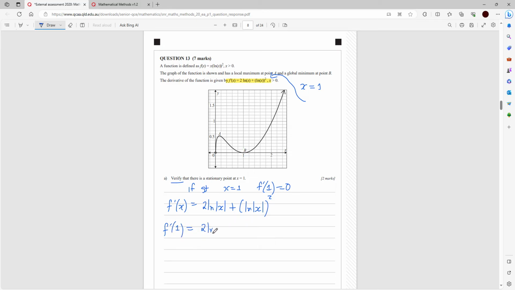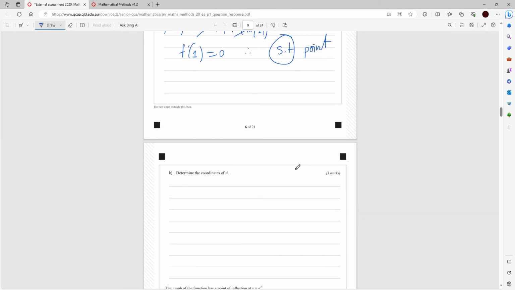So you have 2 log of 1 plus log of 1 all squared. Log of 1 is 0, so that's 0 and that's 0, so that means f dash of 1 is 0. Therefore, stationary point. You can write it as SP, or you can literally write the whole word. That's just shorthand, okay? Righto, let's move on to the next part.